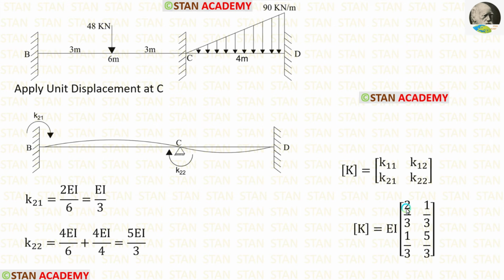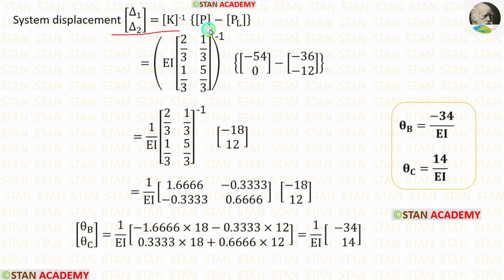In the stiffness matrix, we have calculated both of the rows. Let us apply the values. EI is constant. Let us keep it outside. In this formula, we have calculated everything. Let us apply the values. EI inverse is equal to 1 upon EI.